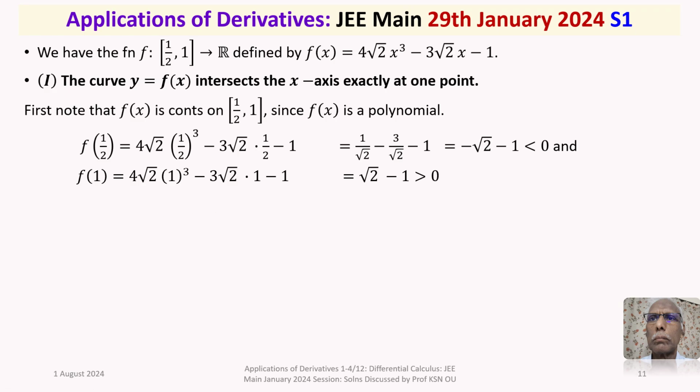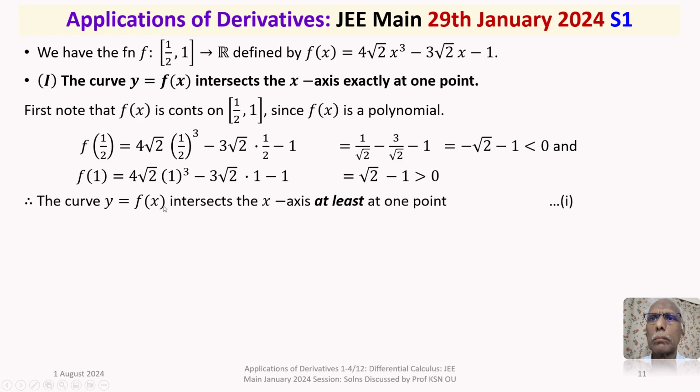Then, by the intermediate value theorem, f of x is 0 for at least one x in this interval. So, the curve y is equal to f of x intersects the x-axis at least at one point. Only this much it says, at least.